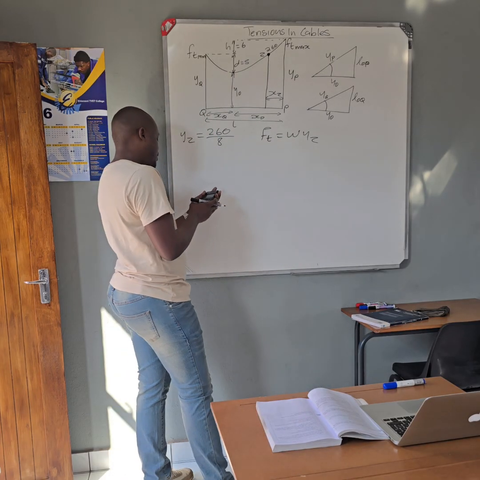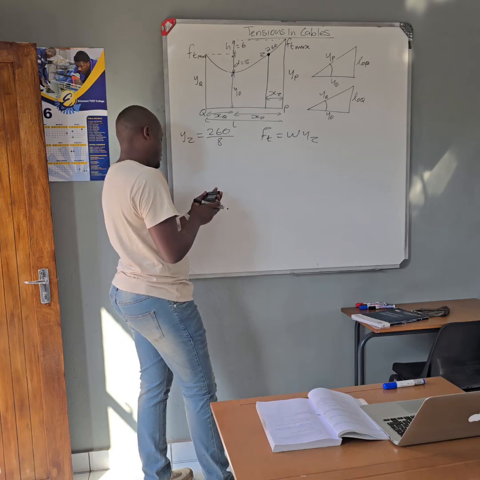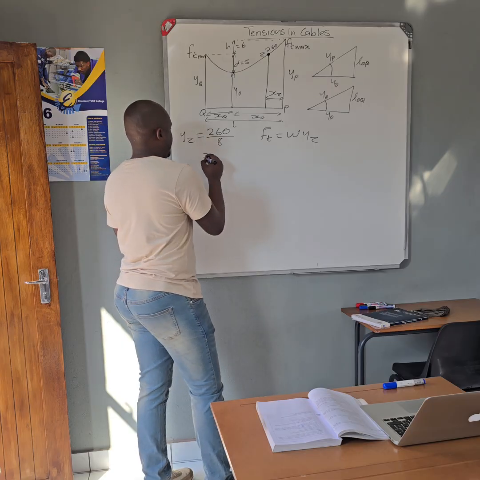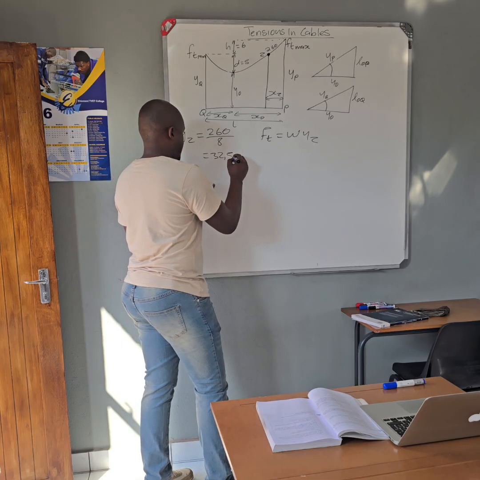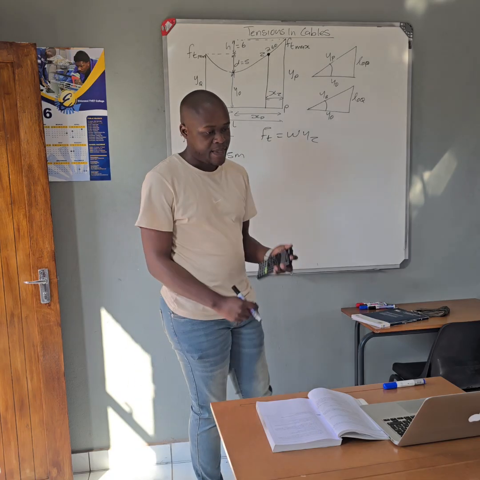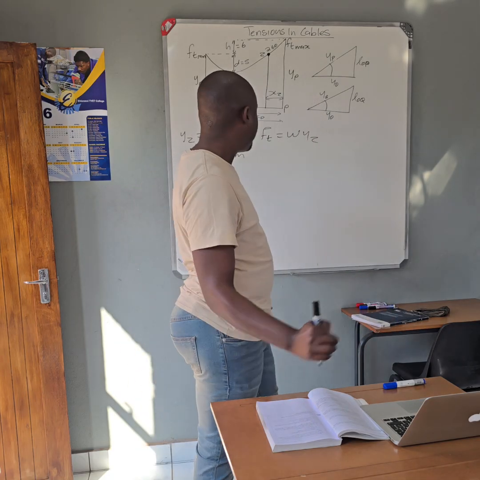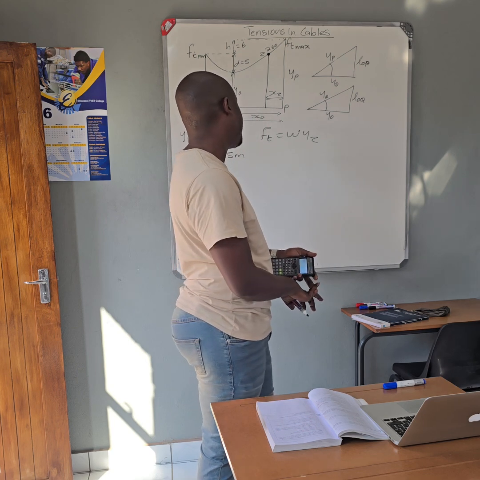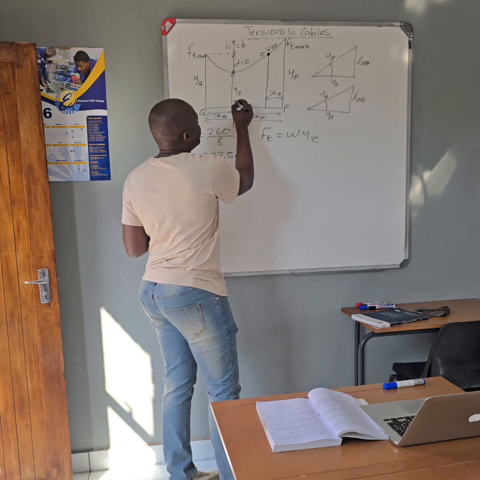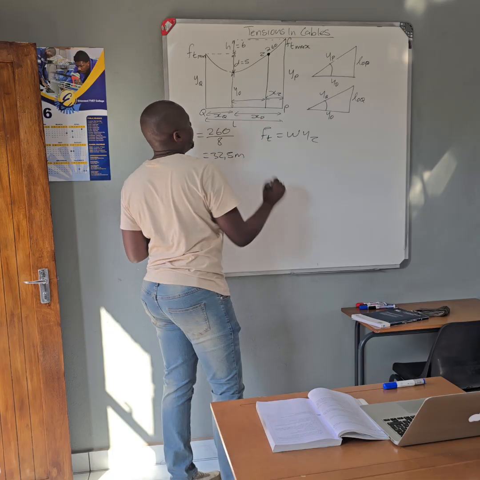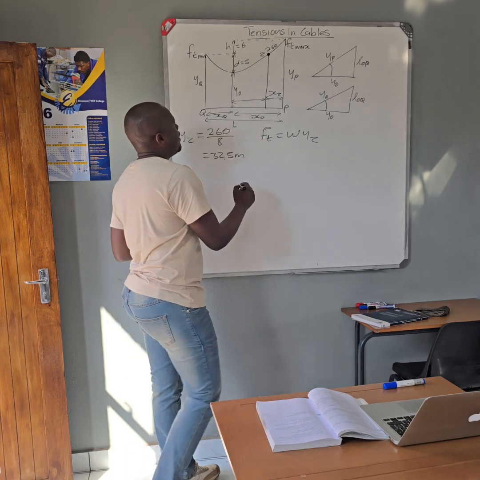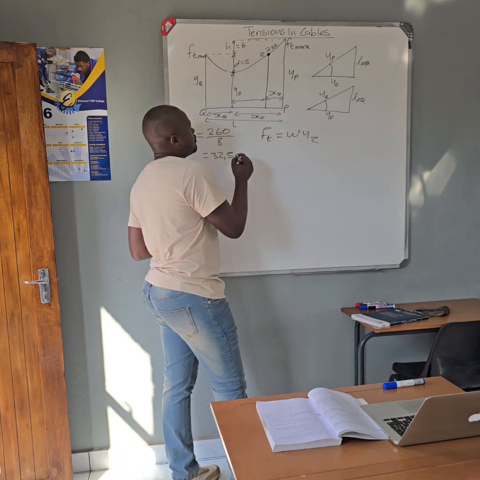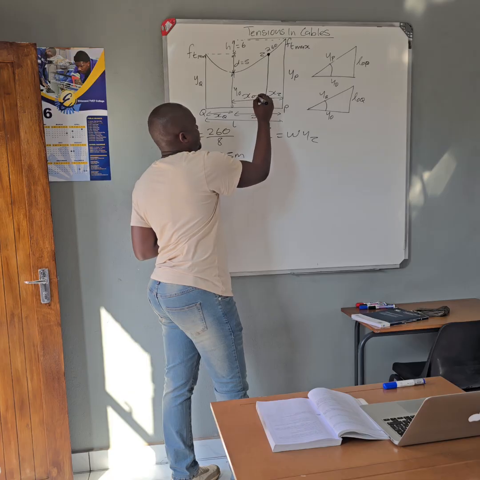So here you are going to get 32.5 meters. So now that we have YZ, let's find the distance from O to Z, let's call it XOZ.